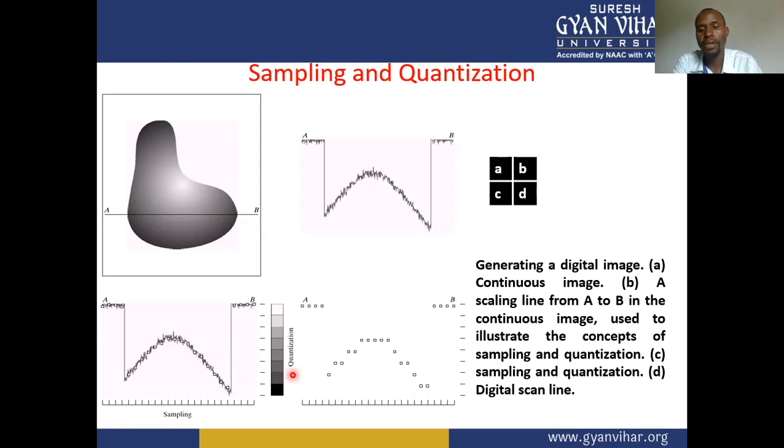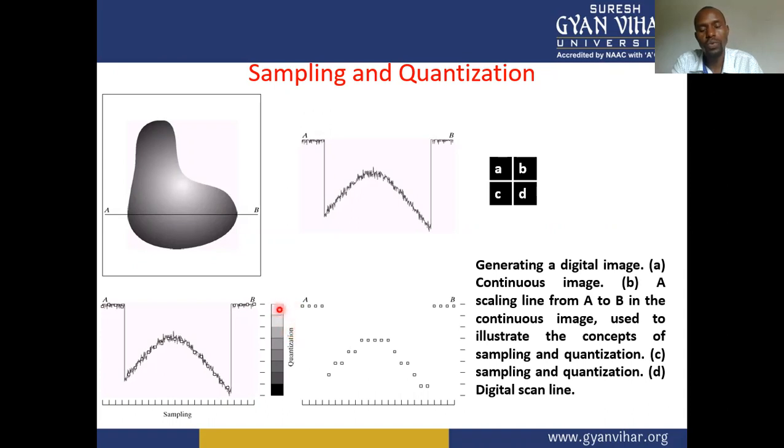Now on the other image here, we said quantization is basically interested in intensity. We have this intensity bar here, and at the bottom we have black. Then as we keep on increasing, the intensity gets to white.